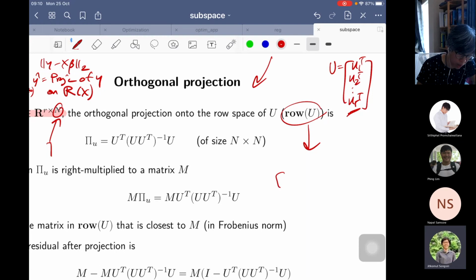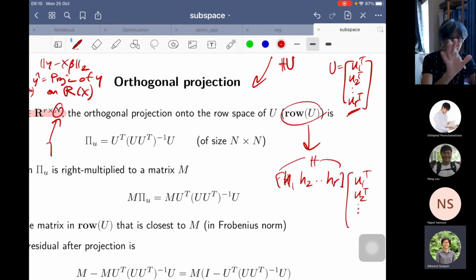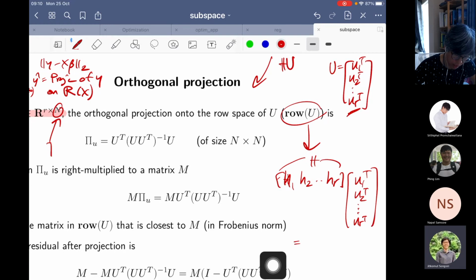Okay, so if you have a matrix H that multiplies with U, and in this way you write H as H1, H2, ..., HR, and you multiply it with U so that it contains R rows, that's going to be H1 U1 transpose ... HR UR transpose.